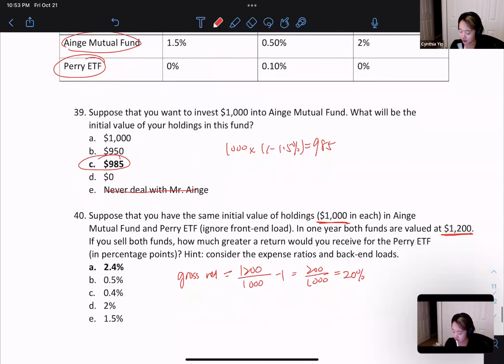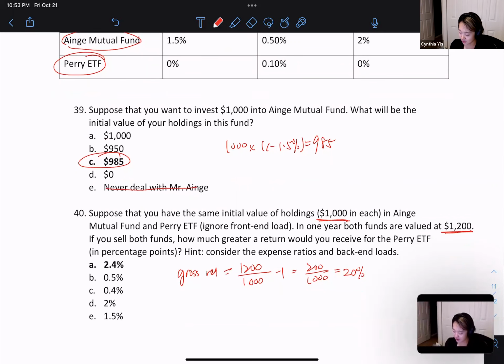Oh, okay, I misread the question. Sorry, you actually don't need to use this one, because the question is asking how much greater a return you will receive for the ETF. So regardless of the gross return, comparing the mutual fund and the ETF, how much more do you get from the ETF.